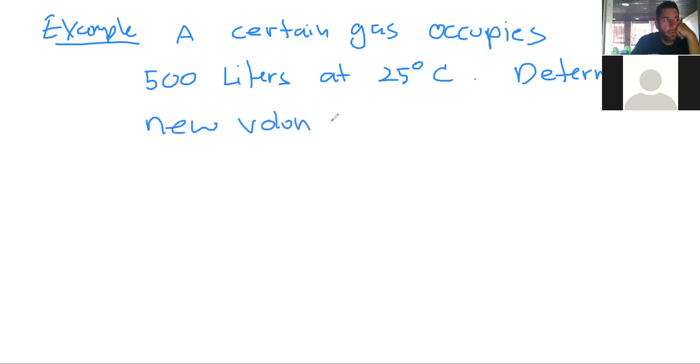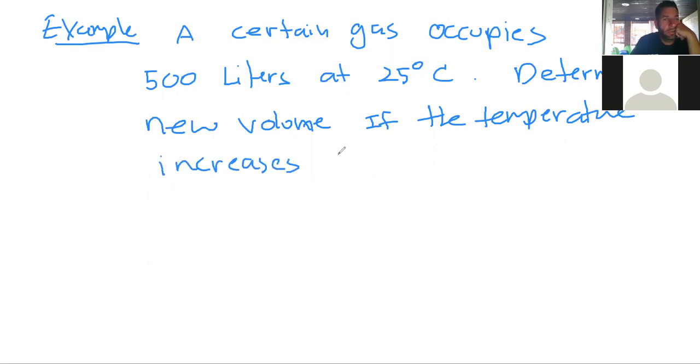Determine the new volume if the temperature increases to 32 degrees Celsius. So this is a routine, once again, textbook kind of problem.